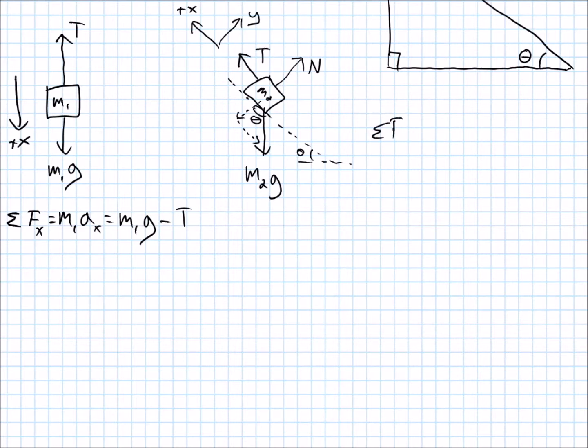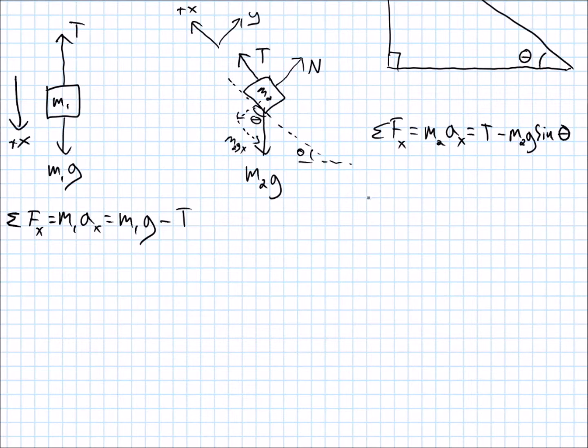So the sum of the forces in the x direction is equal to M2 times acceleration in the x direction, which will be equal to T in the positive x direction minus this component here, M2g_x, and that's going to be equal to M2g times the sine of theta, if you do the right triangle trigonometry.